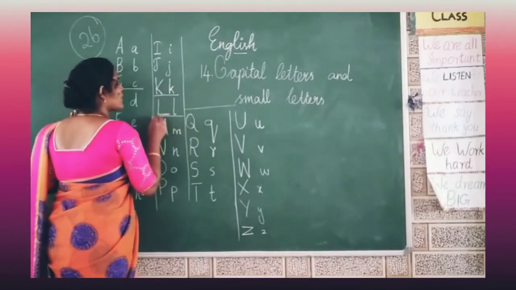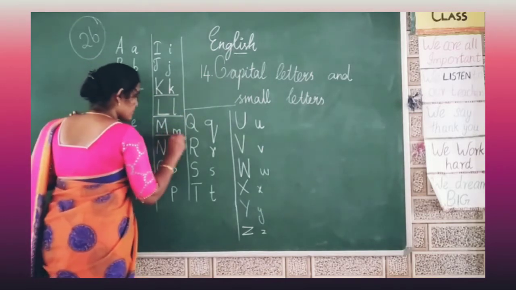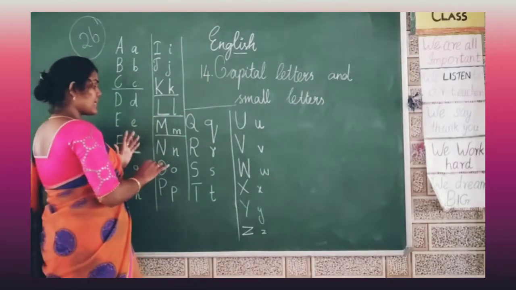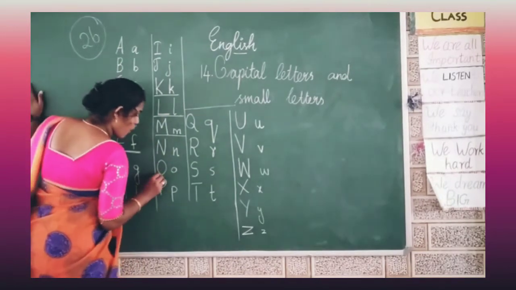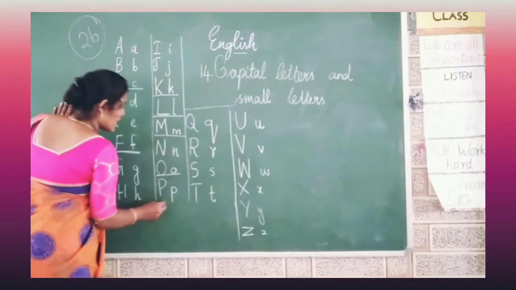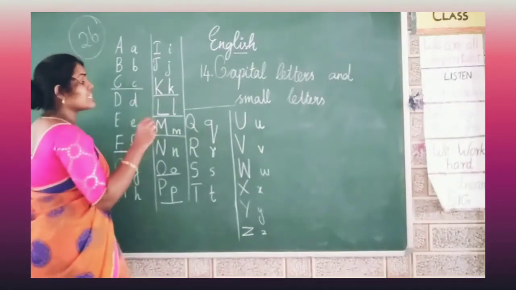You have to be careful about L. Only a small difference. M. See, the same, but only the size differs. N, it's okay. O. Same letters, only size differs. Again, P. Same letters, but only size differs.